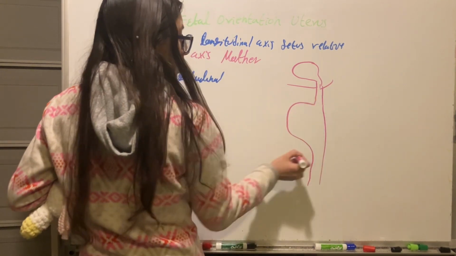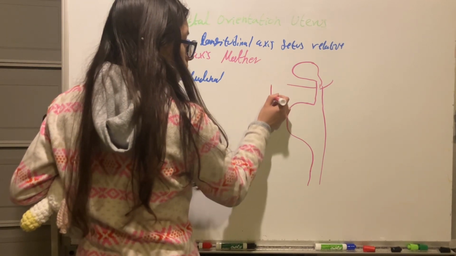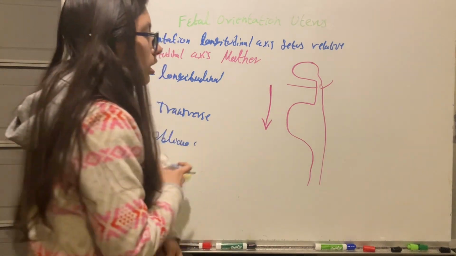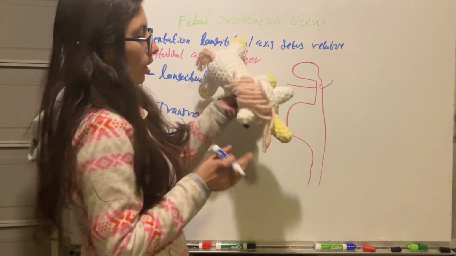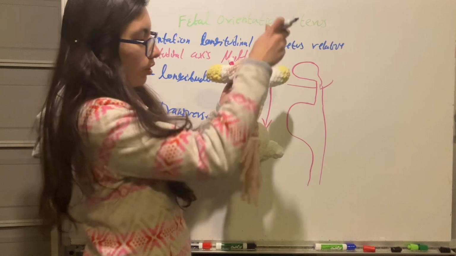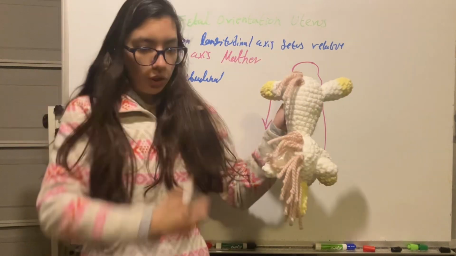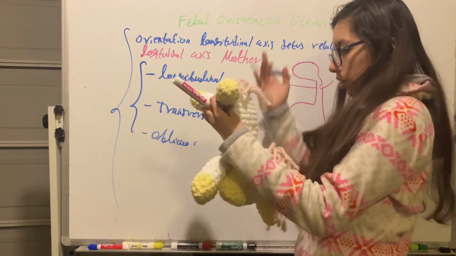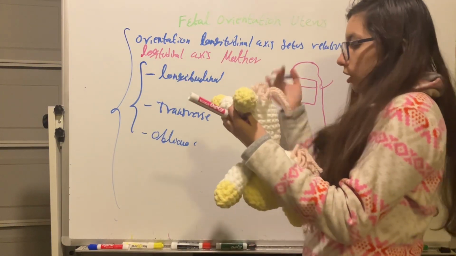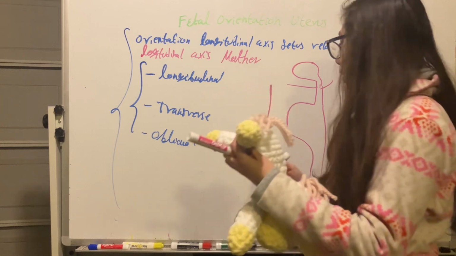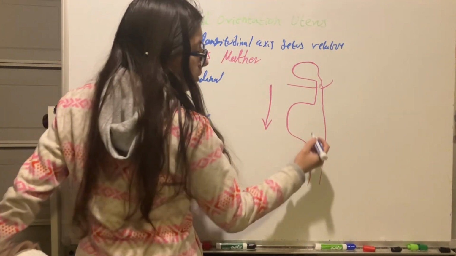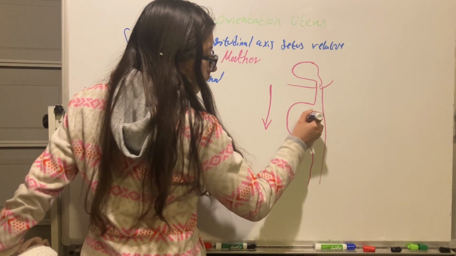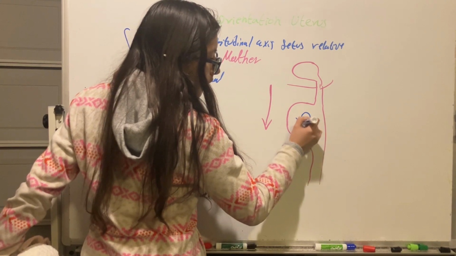So this is the longitudinal axis of the mother. If the fetus is in this same direction, so this is the longitudinal axis of the fetus, this is the longitudinal axis of the mother. If the longitudinal axis of both is in the same orientation, so here is the fetus, let's say fetal head, abdomen, extremities.